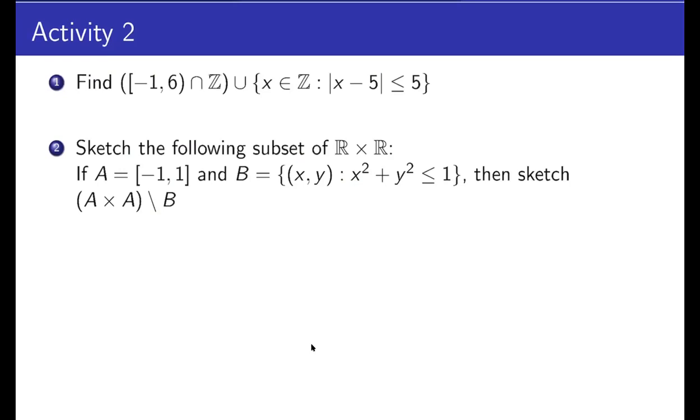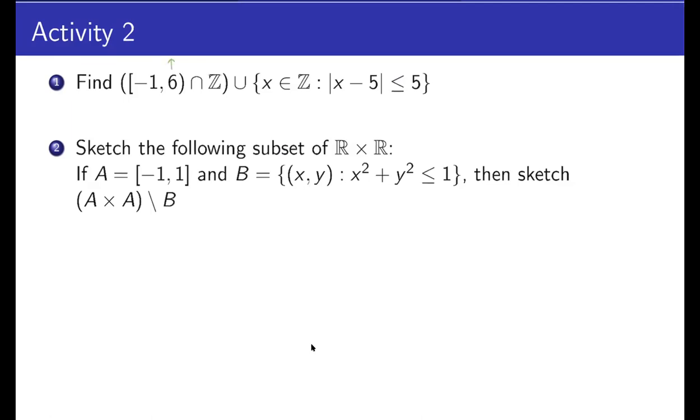Activity 2, I need you to find the union of those two sets. I'll give you 1 minute to think about it and we'll take it out together. Oh, we only have 10 minutes left. Okay, since we only have 10 minutes left, let's do it together.